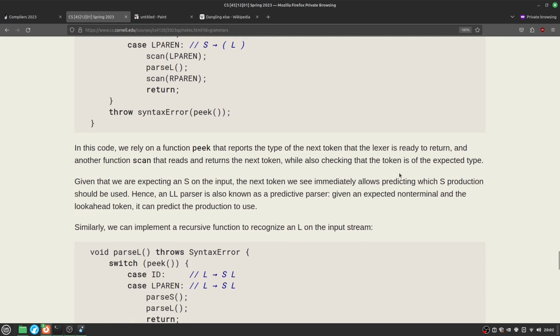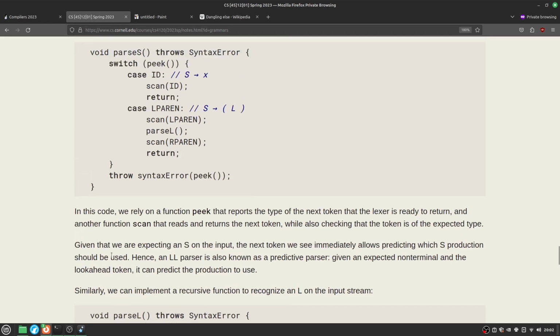Given that we are expecting an S on the input, the next token we see immediately allows predicting which S production should be used. Hence, an LL parser is also known as a predictive parser. Given an expected non-terminal and a look-ahead token, it can predict the production to use.